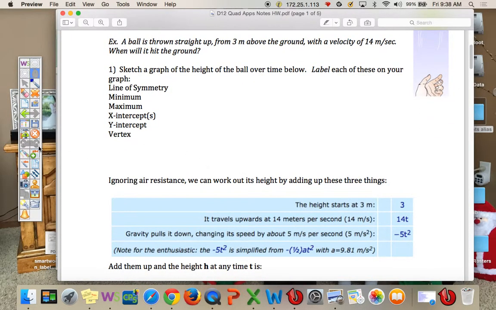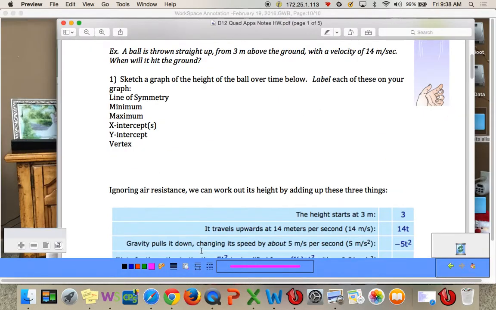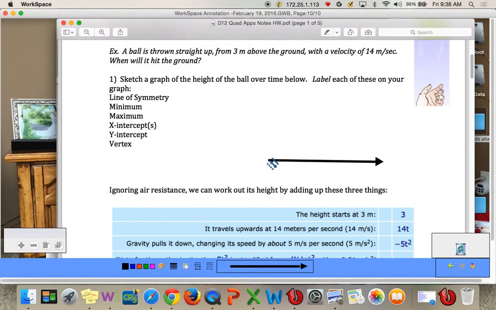Okay, so let's draw a picture of this with our axes first. Okay, so here's the height of the ball over time. Oops, my workspace quit. Let me try this again.